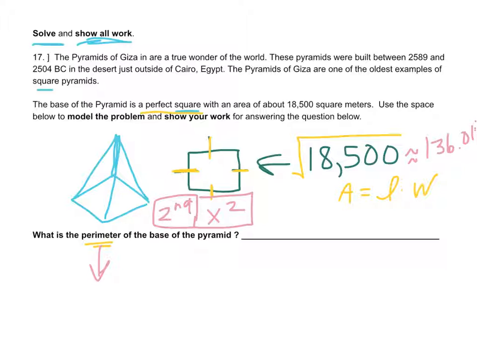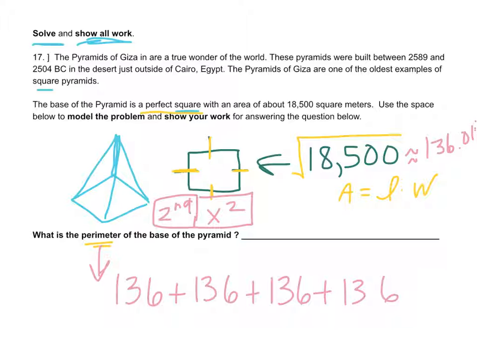Now, the perimeter is the distance around the square. So we would have to take 136 and add that 4 times, because there's 4 sides of a square.